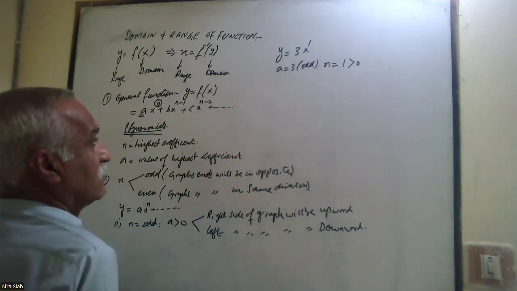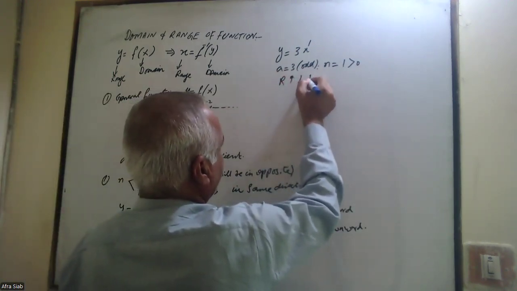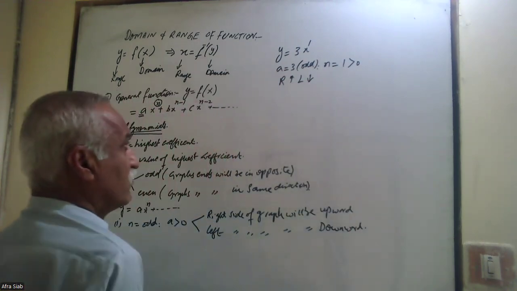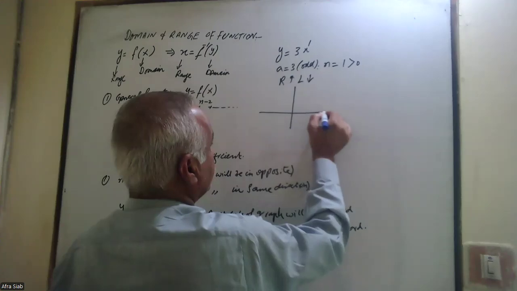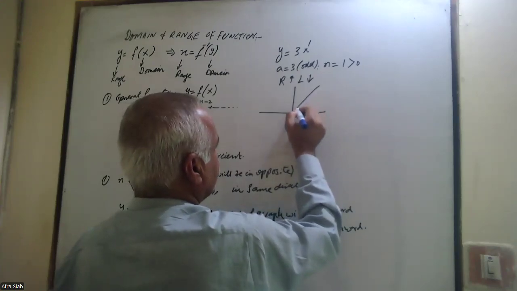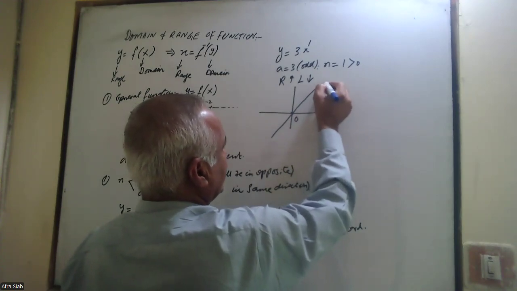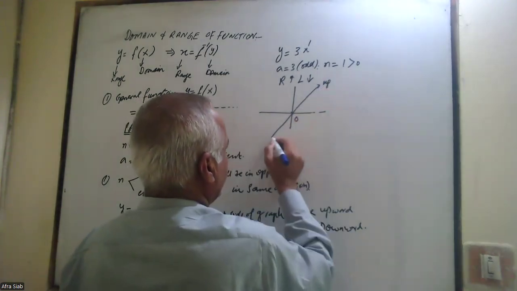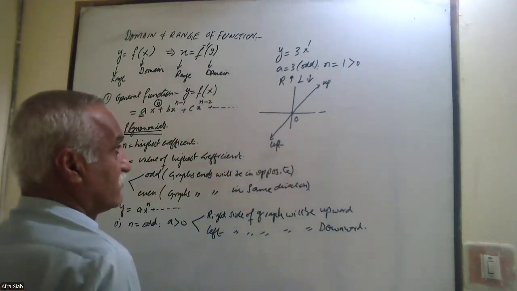So it means the right side of this graph will be upward and the left side of this graph will be downward. So it is like this. This is the origin. This is the right side, which is upward, and this is the left side, which is downward.